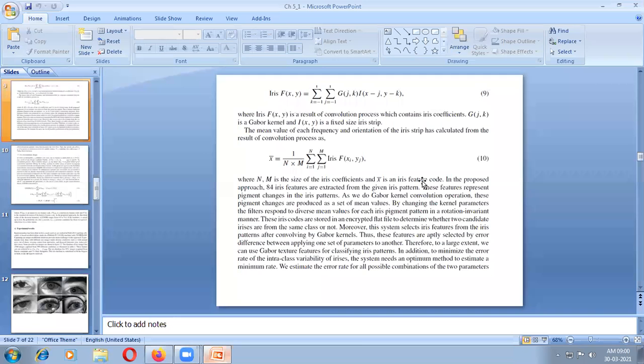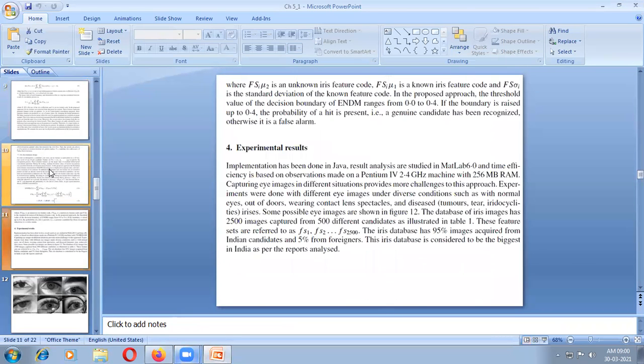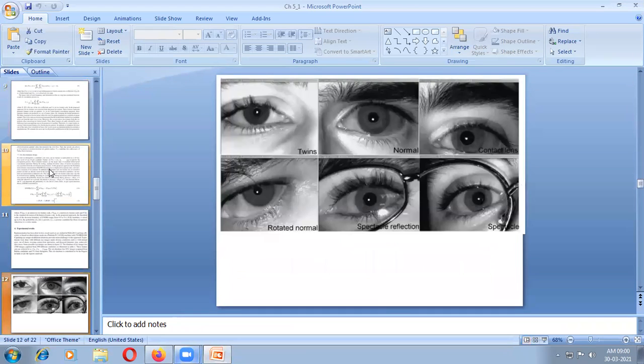So students can study this topic today. Probably we will discuss further the other kinds of methods used for iris discrimination design, and probably the result analysis with the different types of iris images which are possible for capturing right now.